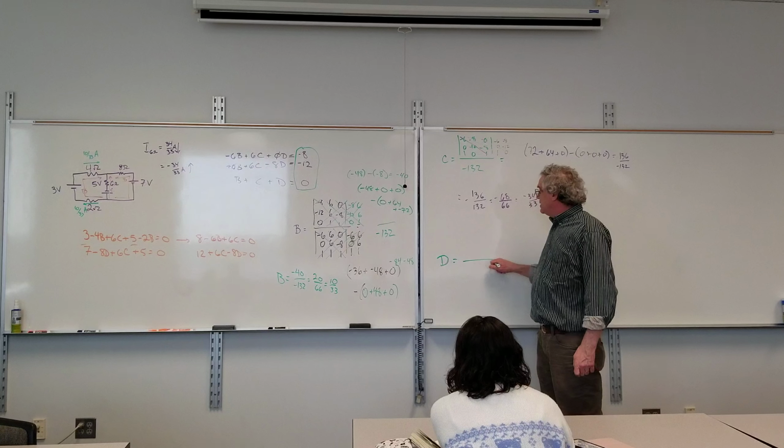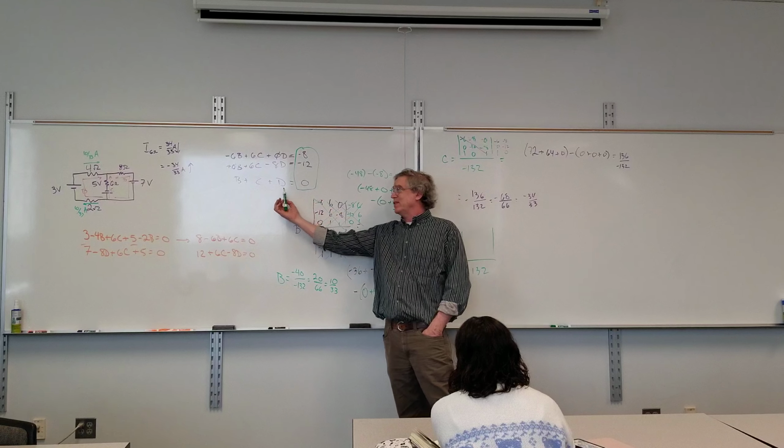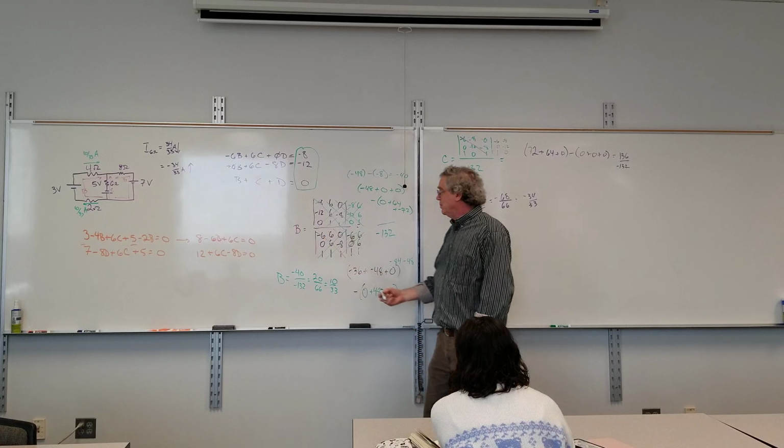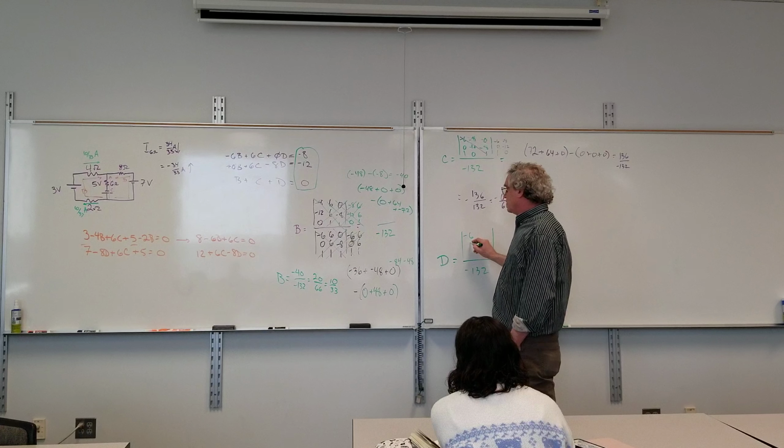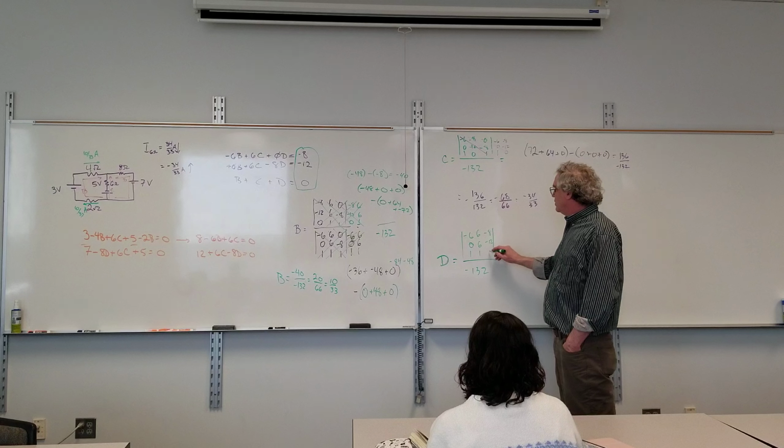All right, and then to find D, I already know the denominator. The numerator is going to look a lot like the denominator, except because I have D listed as the third variable, I'm gonna replace the third column. So the first two, negative 6, 0, 1, 6, 6, 1, and then the third column will be negative 8, negative 12, 0.